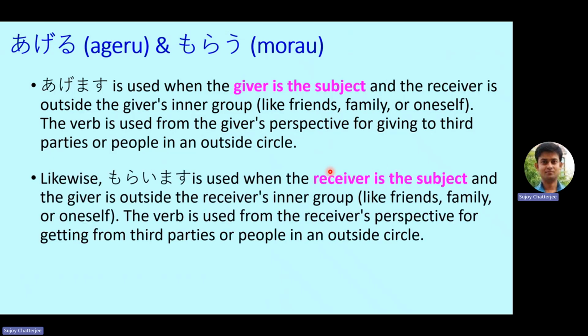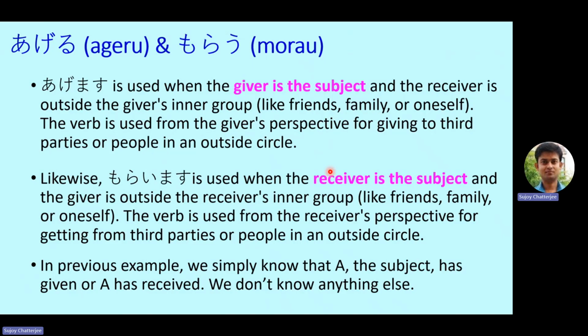Similarly, moraimasu is used when the receiver is the subject. That means A gets something, and the giver is outside the receiver's inner group, like friends, family, or oneself. The verb moraimasu is used from the receiver's perspective, for getting from third parties or people in an outside circle.